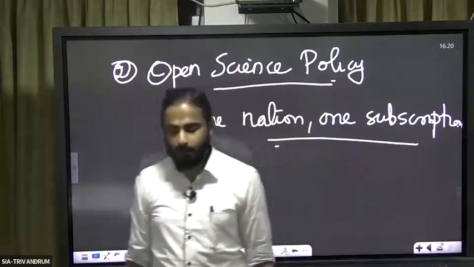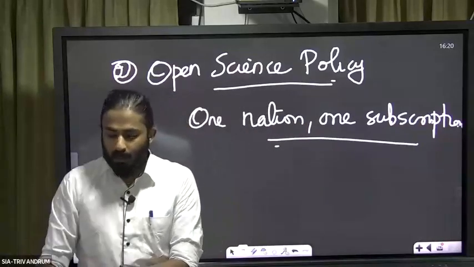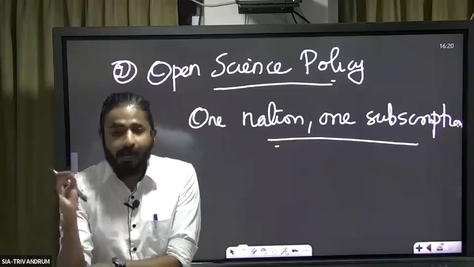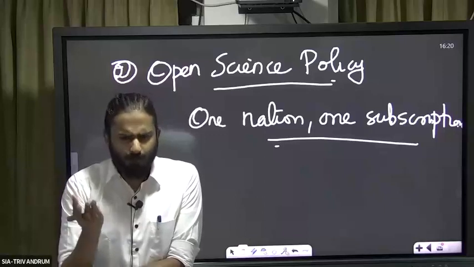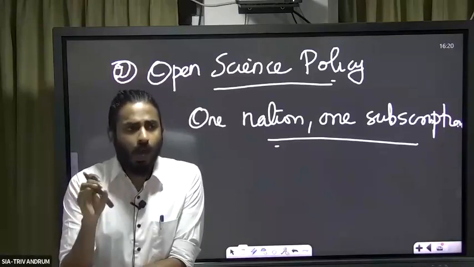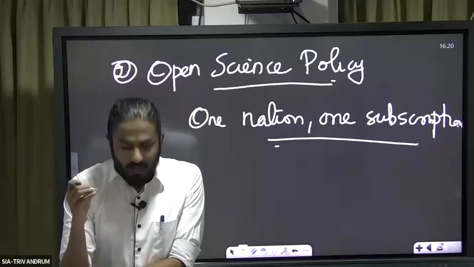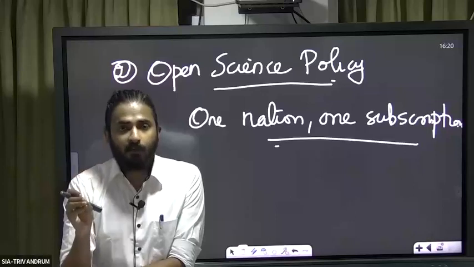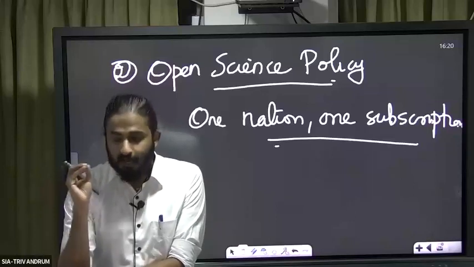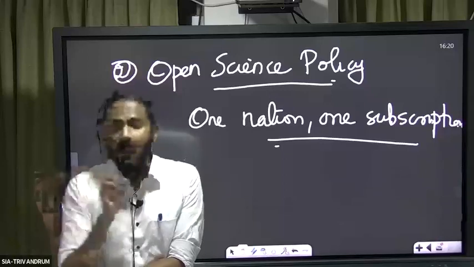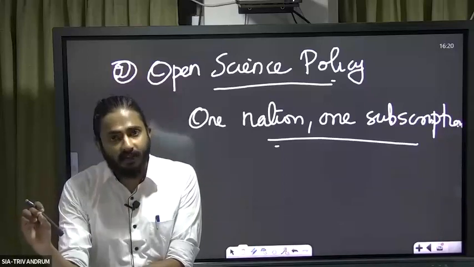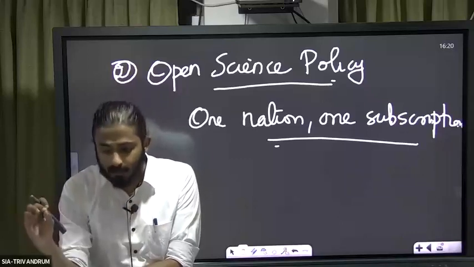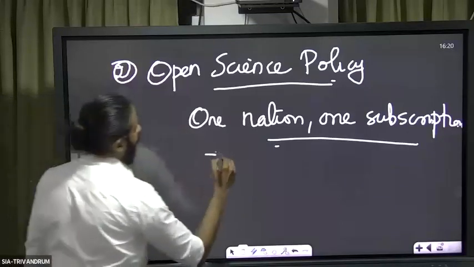So what the government is planning to do, the government wants to make all scientific knowledge and data available to everyone. If you have done some research, you will know how difficult it is to get access to different journals, magazines, etc. So the government will get bulk subscriptions and free access to all scientific journals. This is the open science policy: one nation, one subscription, bulk subscription and free access.